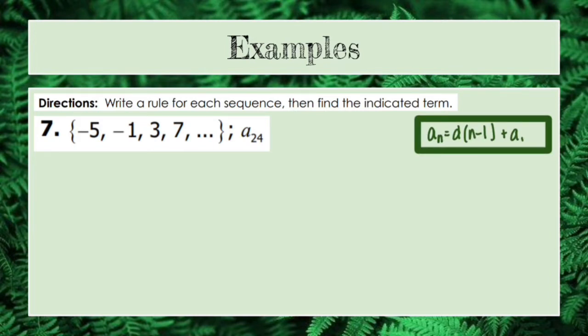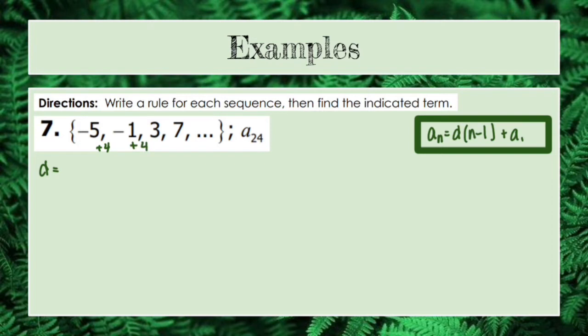Number 7 says to write a rule for each sequence, then find the indicated term. In order to write a rule for this sequence, we need to find what d is, and we need to find what a sub 1 is. In number 7, d is the common difference. From -5 to -1, we added 4.